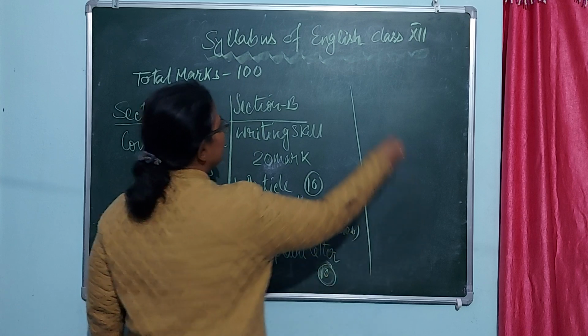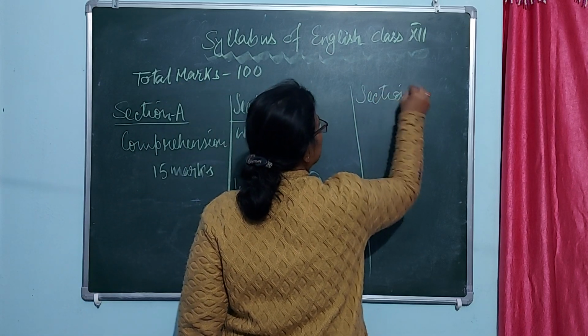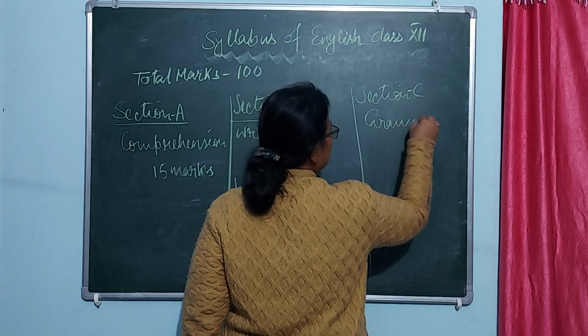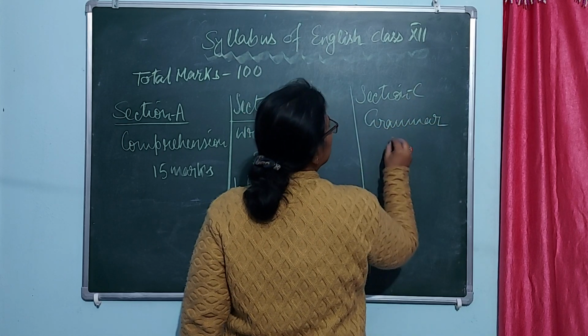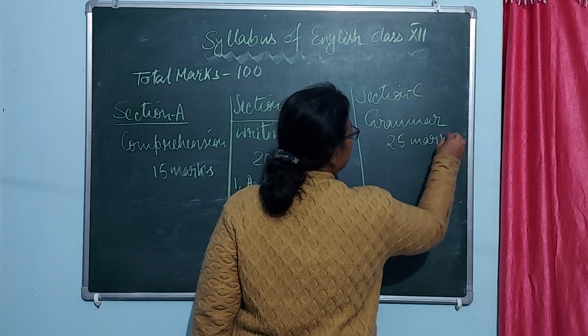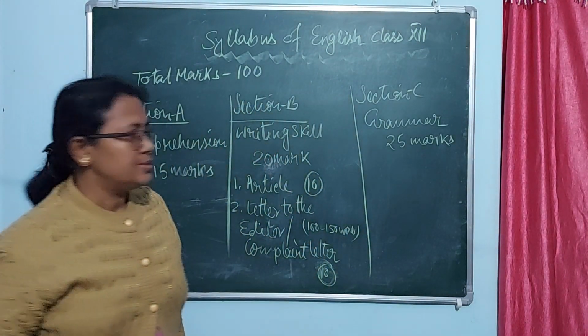Next comes Section C. Section C is grammar. It is 25 marks. Now what kind of grammar comes here?